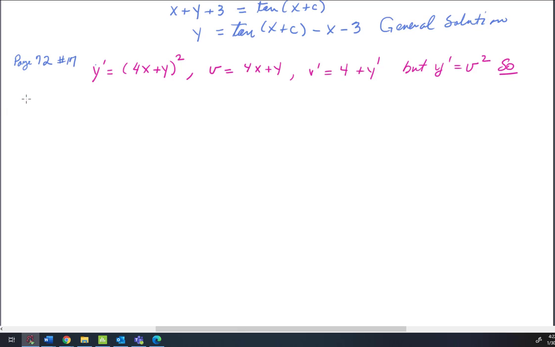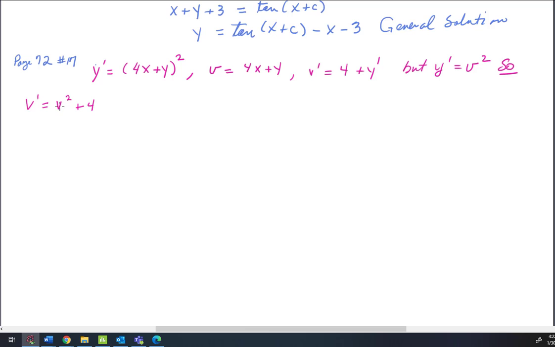So v prime is equal to v squared plus 4.